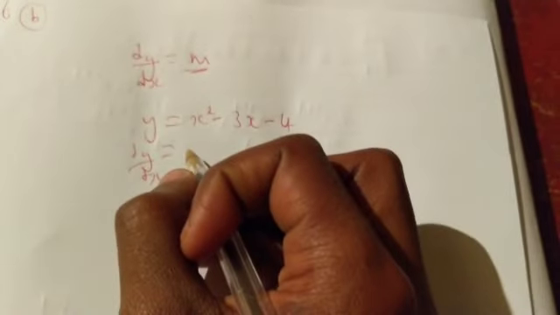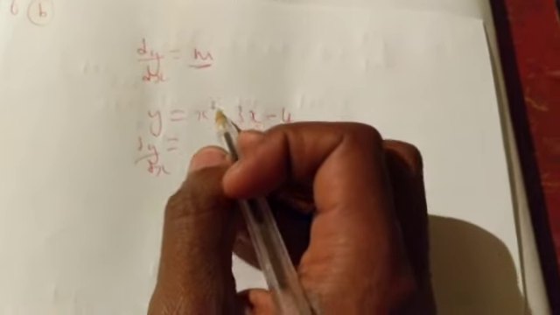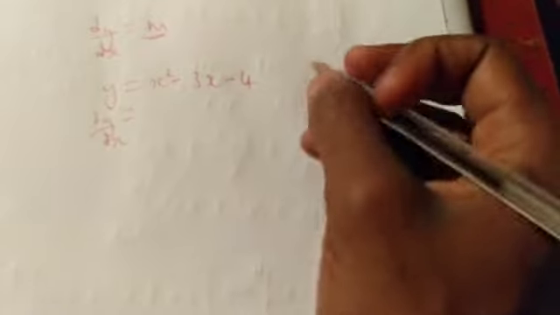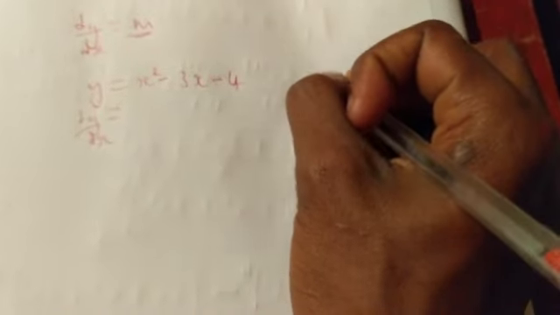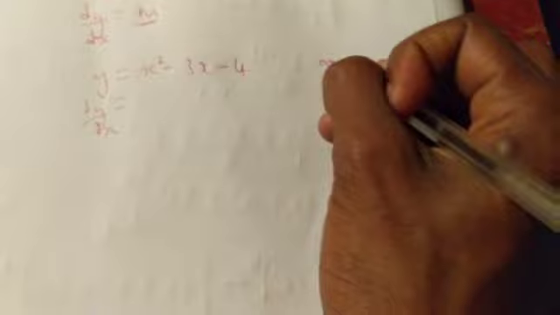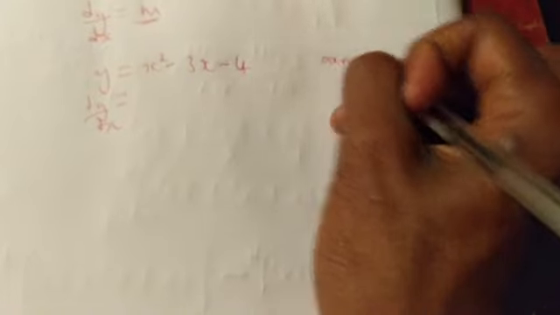Now, we're going to say it is equal to dy over dx. In differentiating, we multiply by n, then x to the n minus 1.